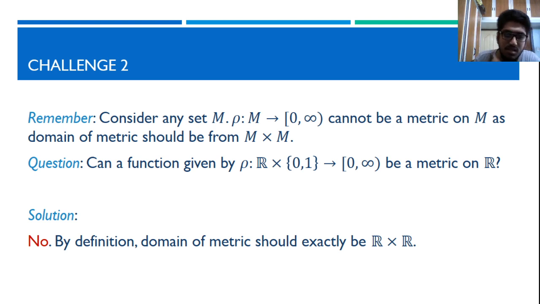When it's the set {0, 1}, it is not exactly {0, 1} cross {0, 1}, but this particular function can be restricted to {0, 1} cross {0, 1}, and hence this can be a possible candidate for a metric on that set {0, 1}.